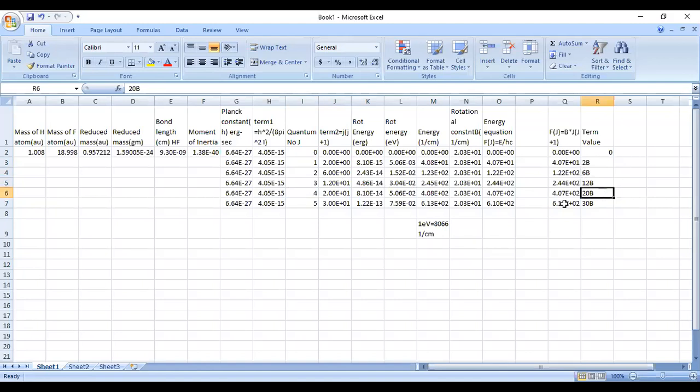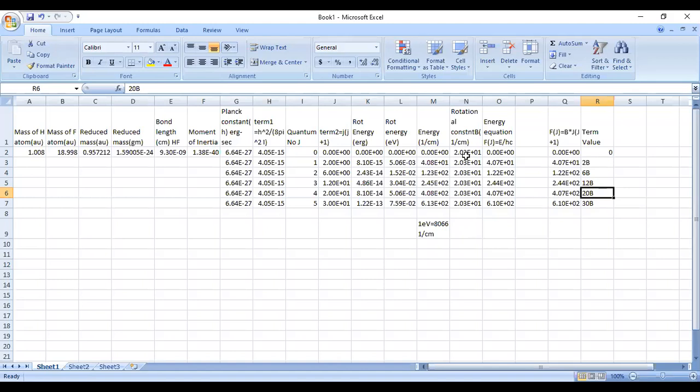You compare this, and you have already calculated your rotational constant here. So you can compare, this is 2b, right? The rotational constant is given here, and this is 20 centimeter inverse.